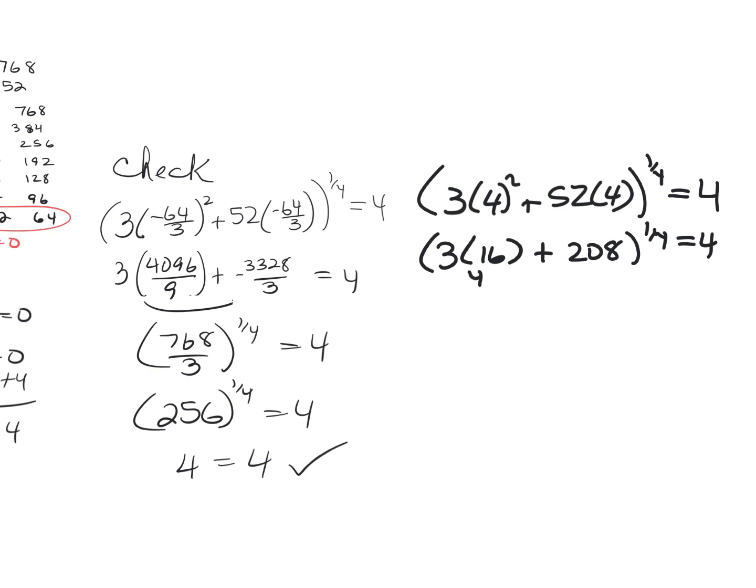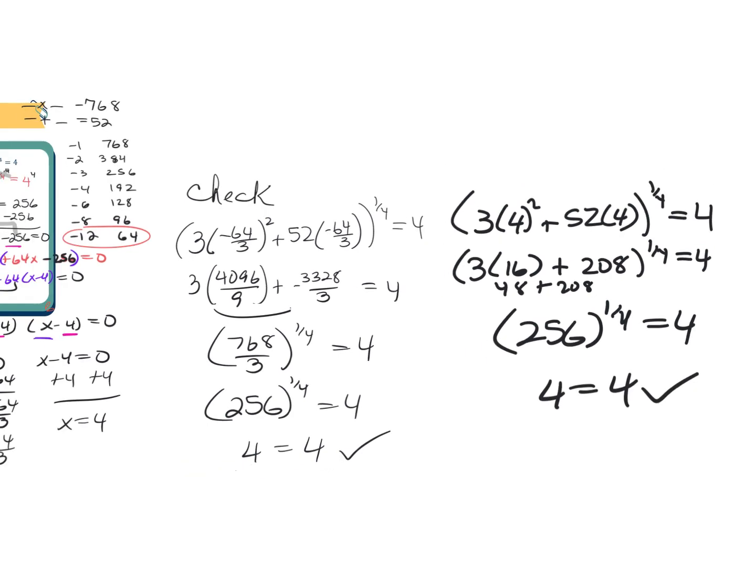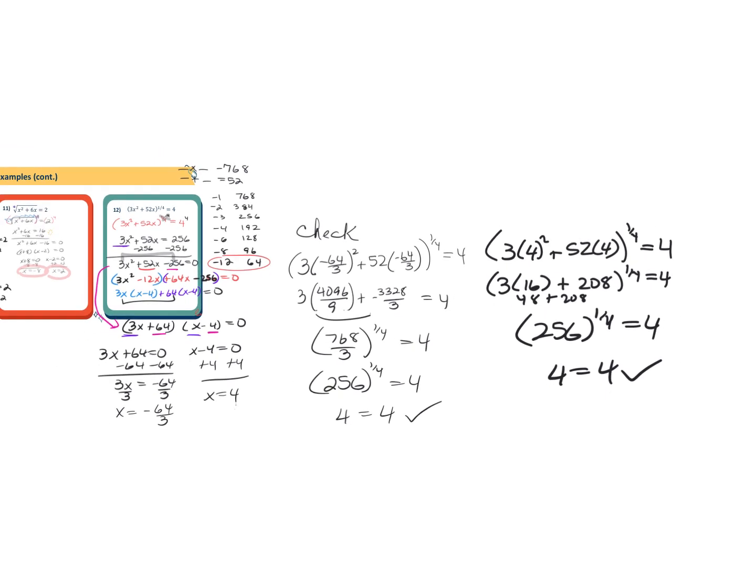This will give me 48 and 208. So 256, again, raised to the 1/4 power. And the 4th root of 256 is 4. So this one also checks. So my two answers I found, negative 64 over 3 and positive 4, both work.